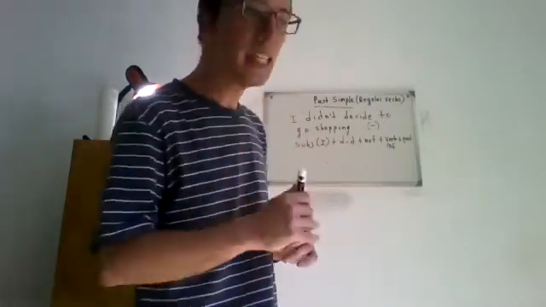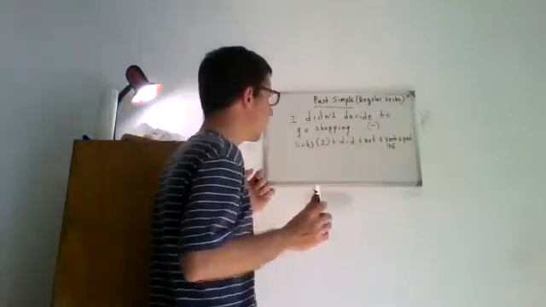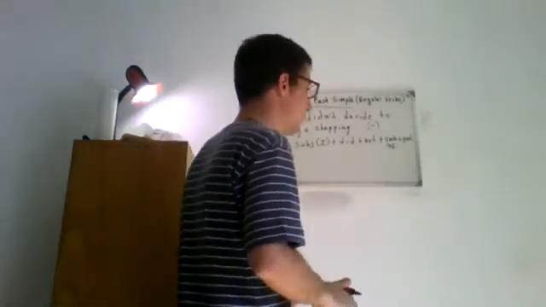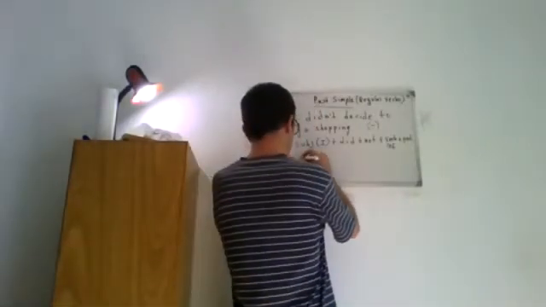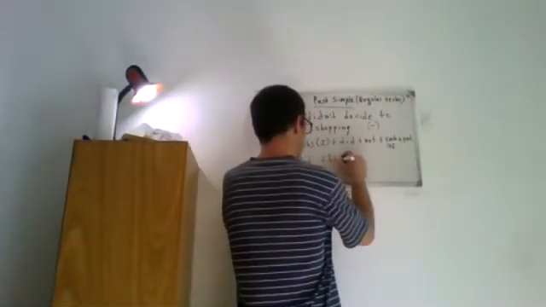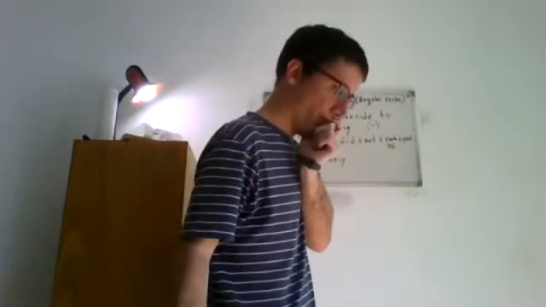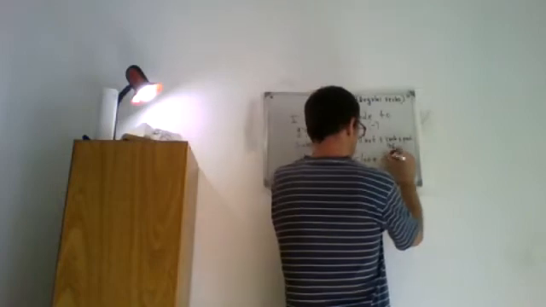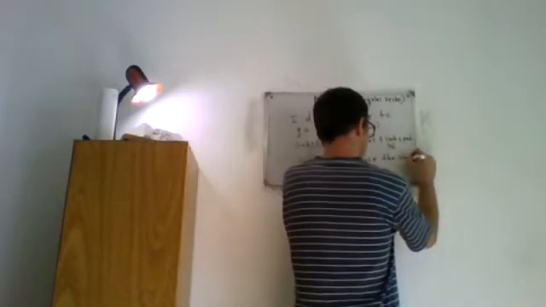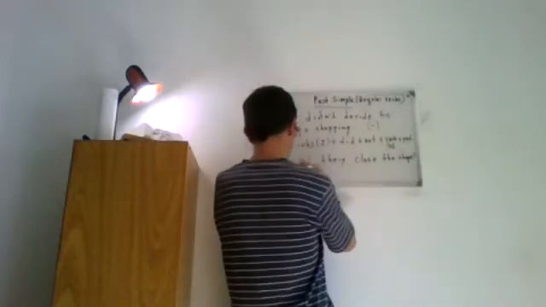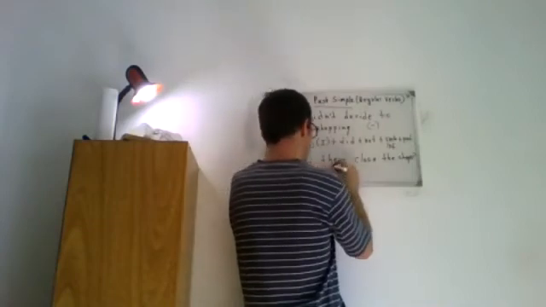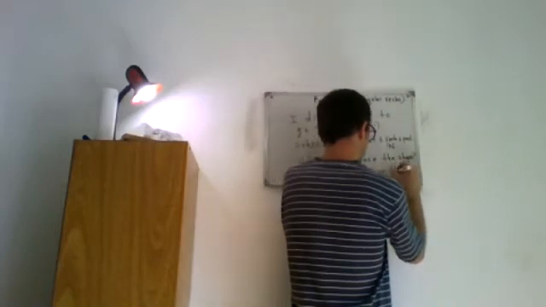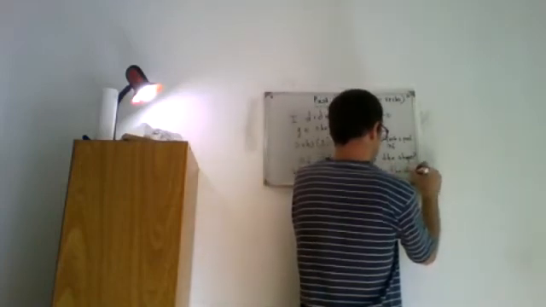And finally, we have interrogative questions. For example, if I say, did they close the shops? Or I say, when did they close the shops? Let's compare these two sentences.